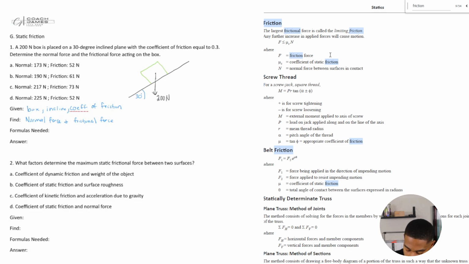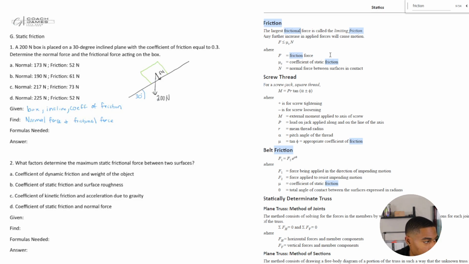So I know that this is my normal force, because it's acting perpendicular to that plane. So you could say this is force normal, Fn.